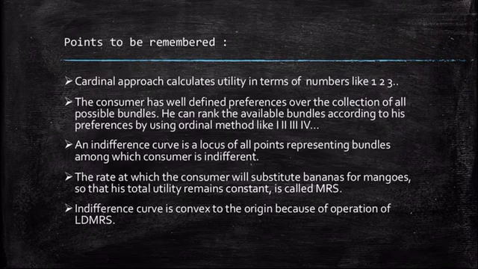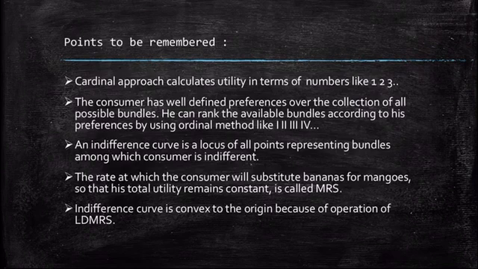Then finally we discussed the law of diminishing marginal rate of substitution. What do you mean by that? Whenever the consumer decides to get an additional unit of any commodity, he is ready to sacrifice lesser and lesser quantities of another commodity.